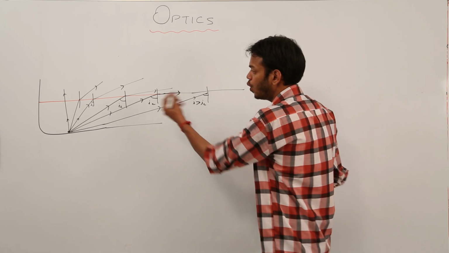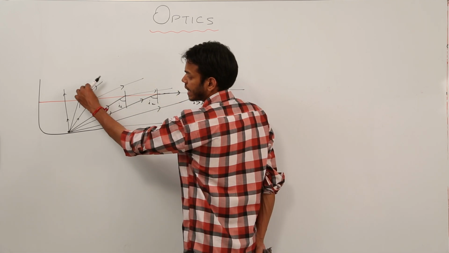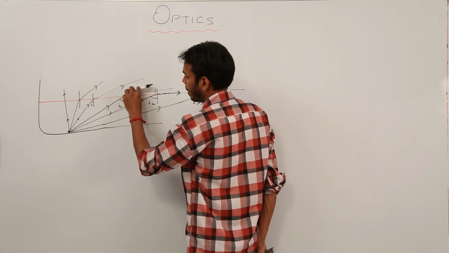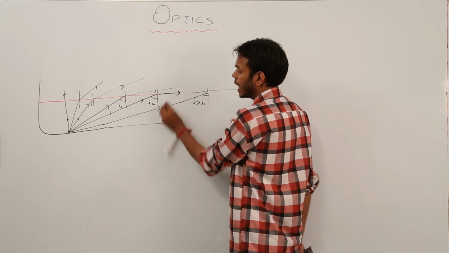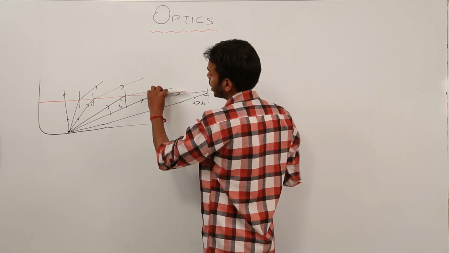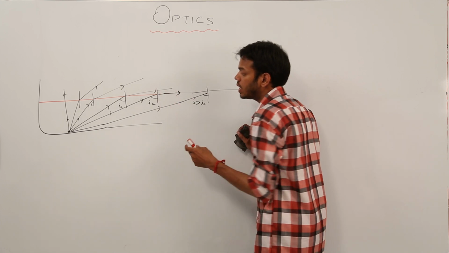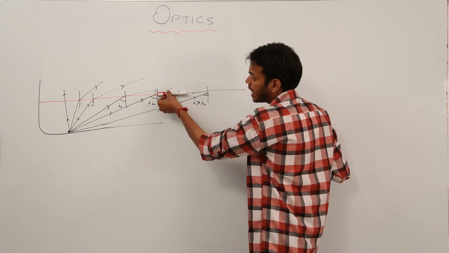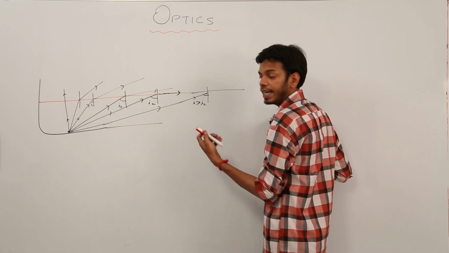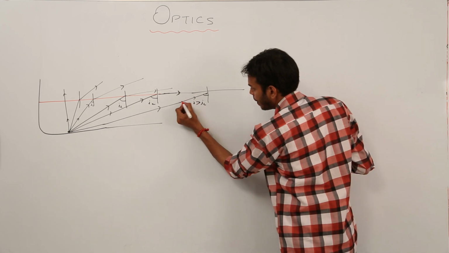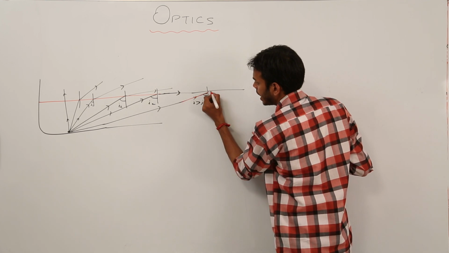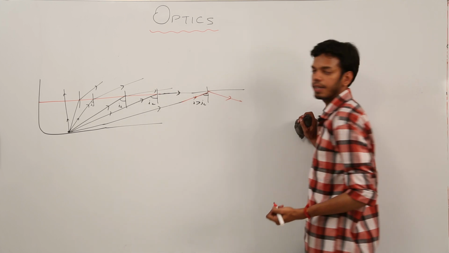If you follow the same loop, the ray is bending more, bending further more, and here it is bending so much that it is going along the surface, so further bending will send the ray back in the medium, right? So what will happen? This particular ray will reflect back in the medium.